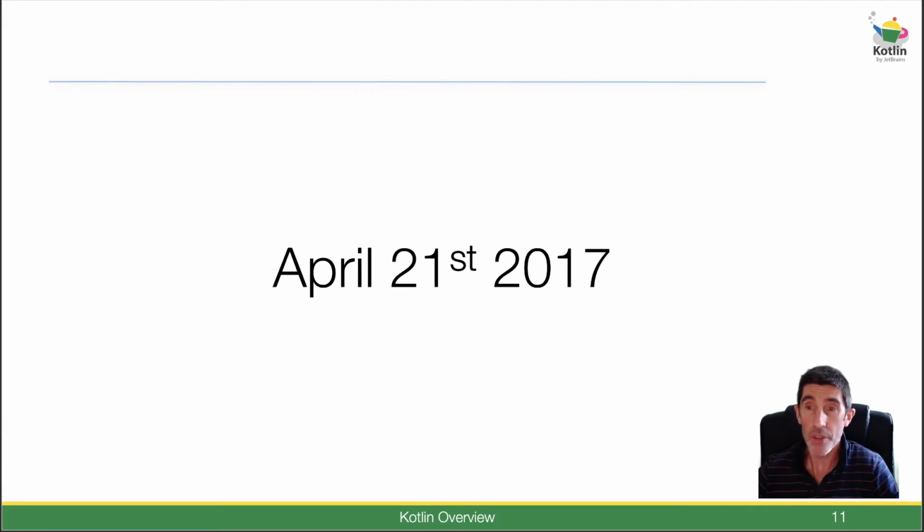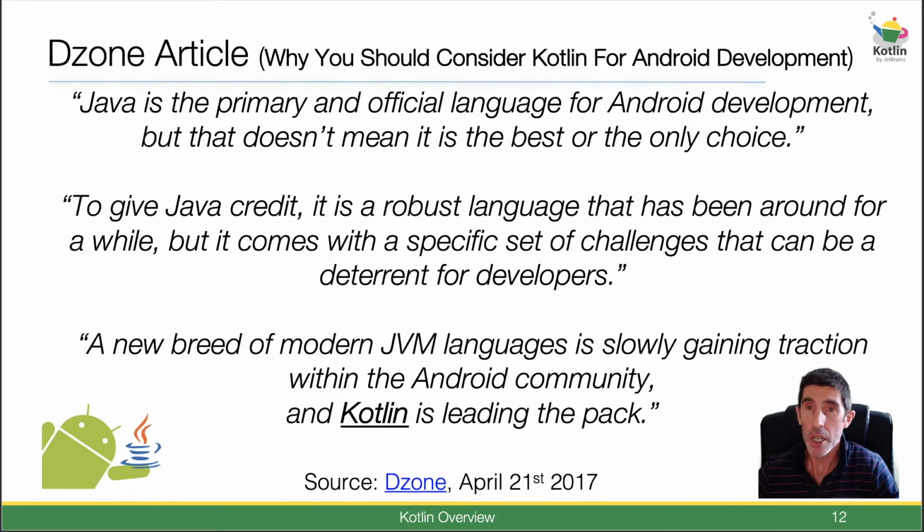On the 21st of April 2017, there was a DZone article, "Why you should consider Kotlin for Android development." This is kind of the cliff notes, as they say, but they went on to say Java is the primary and official language for Android development, but that doesn't mean it is the best or the only choice. To give Java credit, it is a robust language that has been around for a while, but it comes with a specific set of challenges that can be a deterrent for developers.